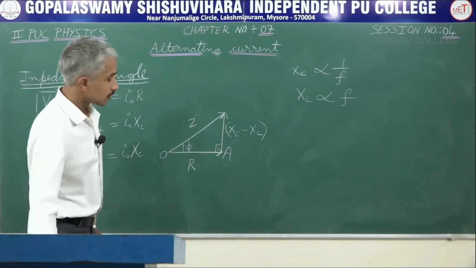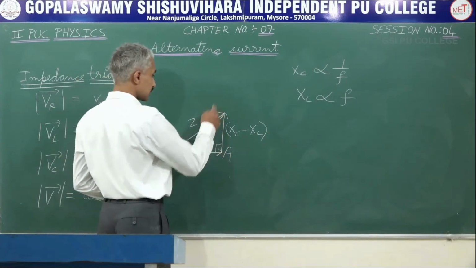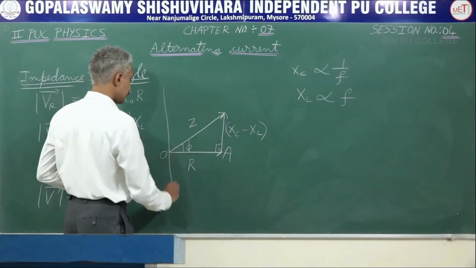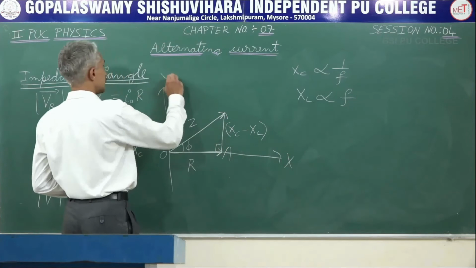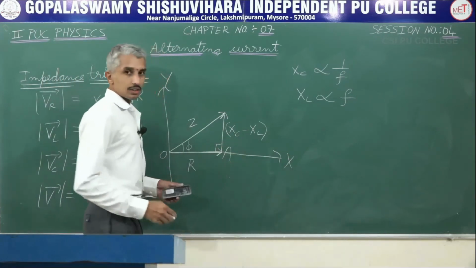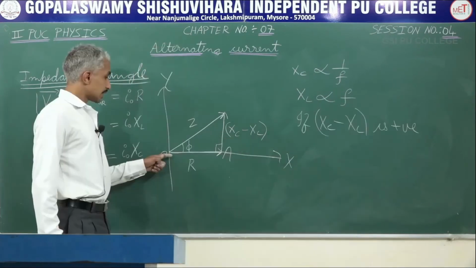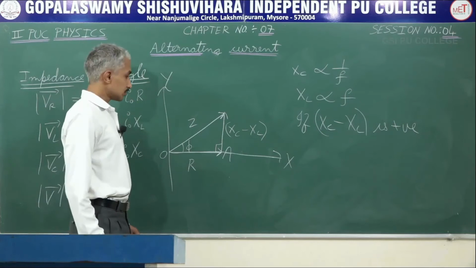So at a given frequency, XC minus XL can be either positive or negative, if you take coordinates X and Y. If XC minus XL is positive, then tan phi, which is opposite by adjacent, will be positive.